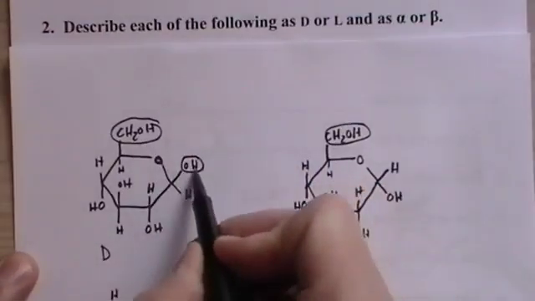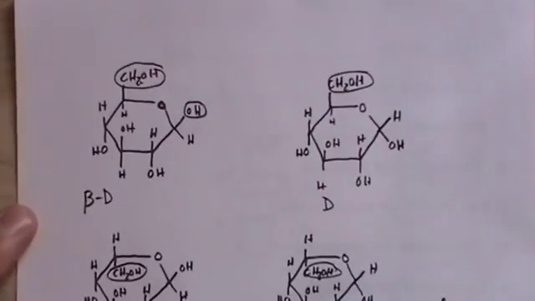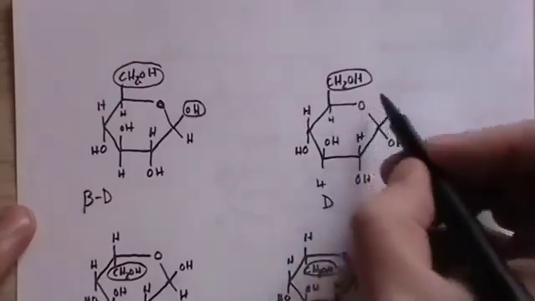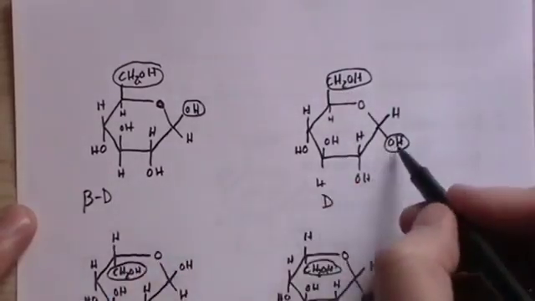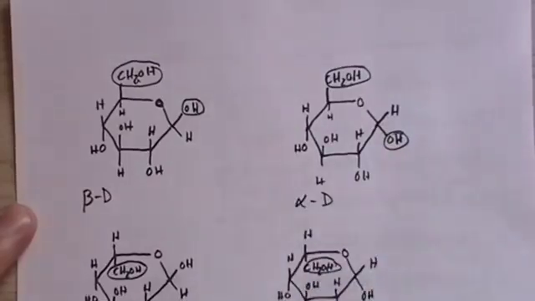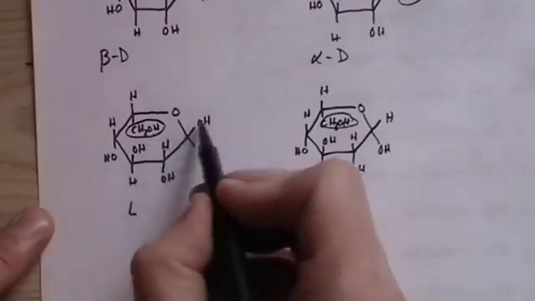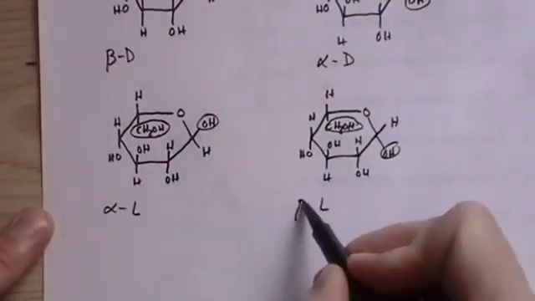This OH group is on the same side, so this is a beta D, and I just drew them, so I'm not exactly sure which one I've drawn here. I'm not going to worry about it. It'd just be a monosaccharide, and this would be across from it, alpha D monosaccharide. And then from here, these guys are across from each other, so this is alpha, and these are next to each other, beta.